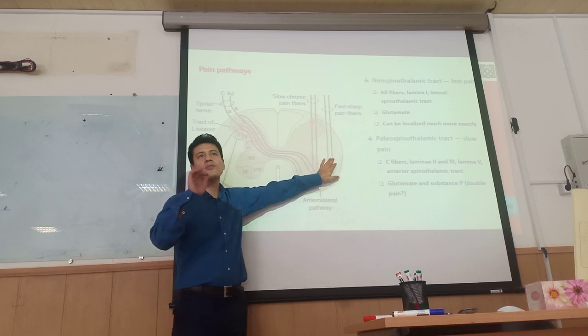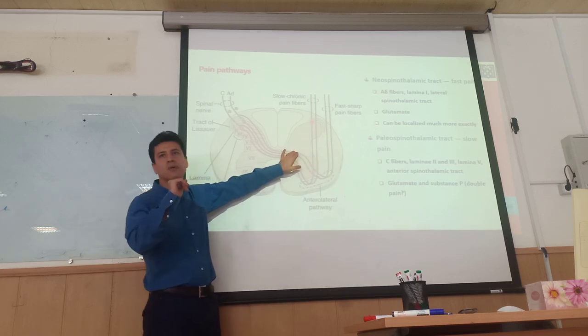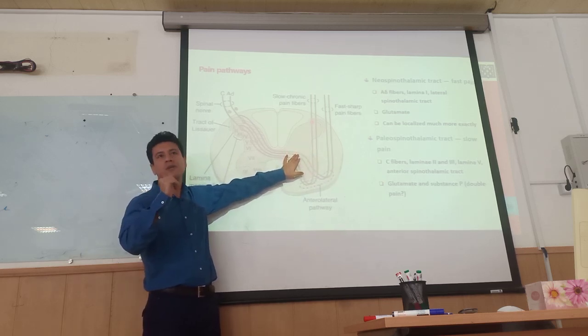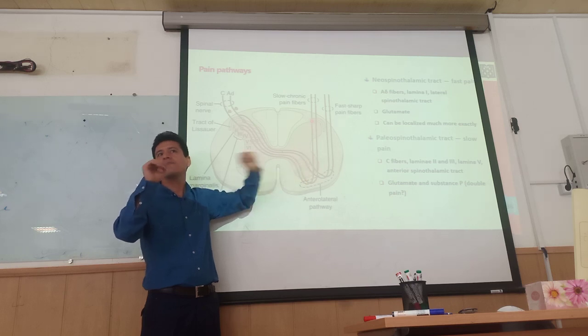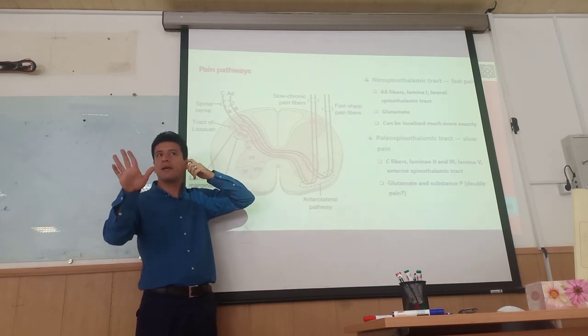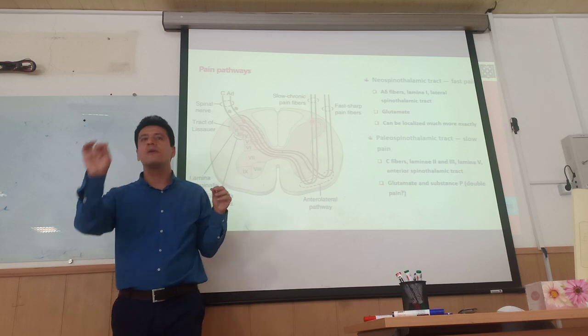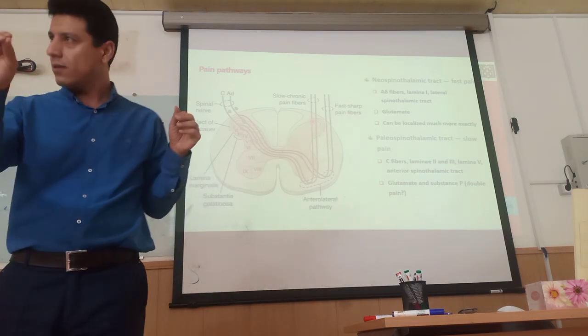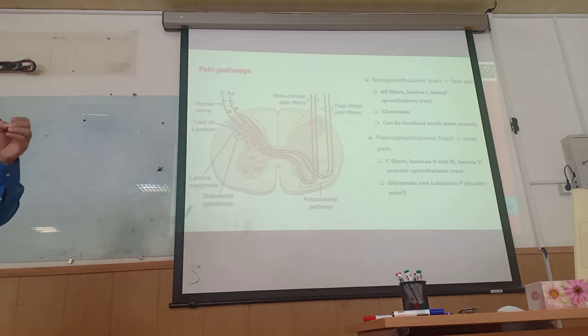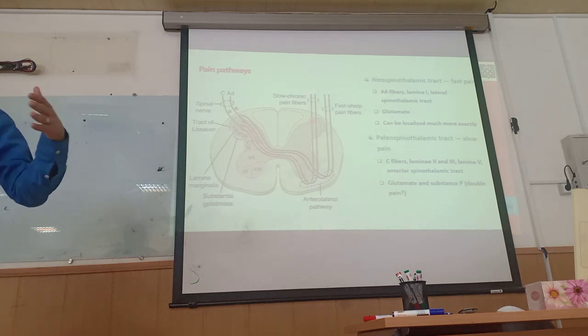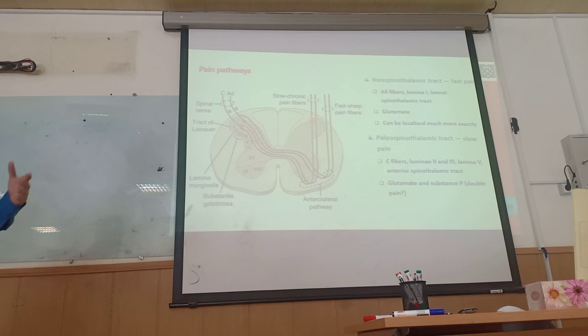So neo-spinothalamic tract is for fast pain, paleo-spinothalamic tract for chronic pain. At the end of the C fibers, we have glutamate and substance P. But at the ending of the A delta fibers, we have only glutamate. Glutamate is a small molecule, rapidly acting neurotransmitter. But substance P is a neuropeptide. It has long action, right?